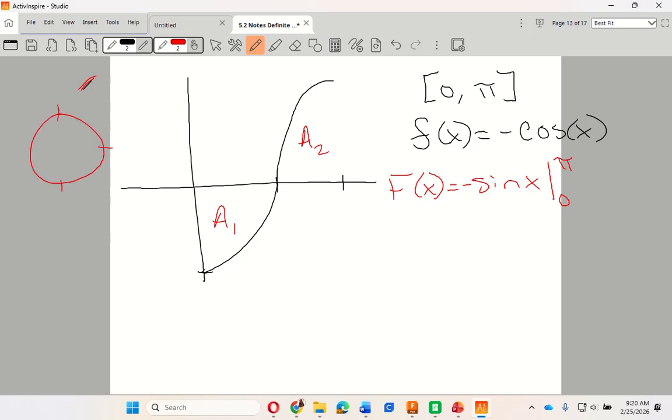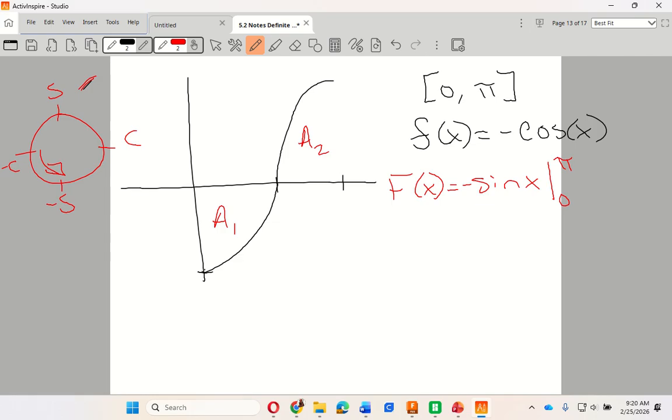Wait, why is it negative? So if it's negative cosine, integration gives me negative sine. So it goes backwards, yeah.